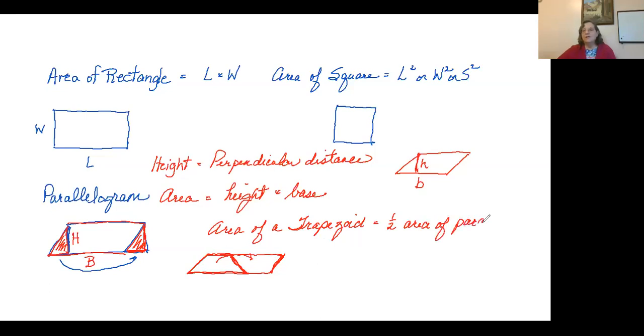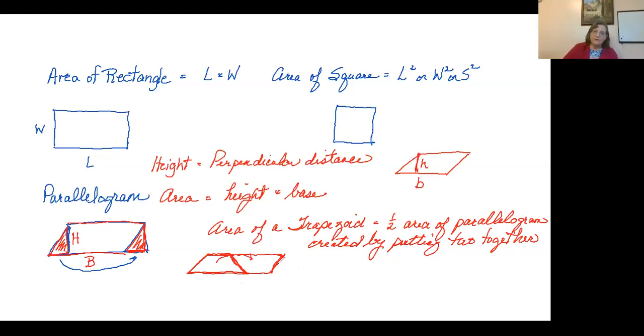So it's 1/2 the area of the parallelogram created by putting two of these together. And that seems like a silly thing to do, except that we already know how to determine the area of a parallelogram.